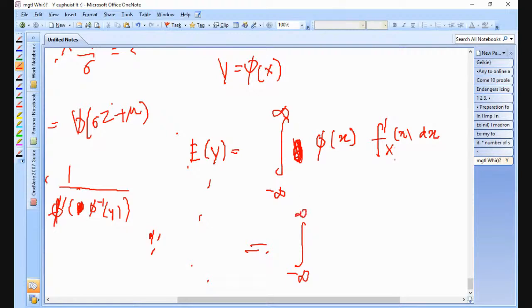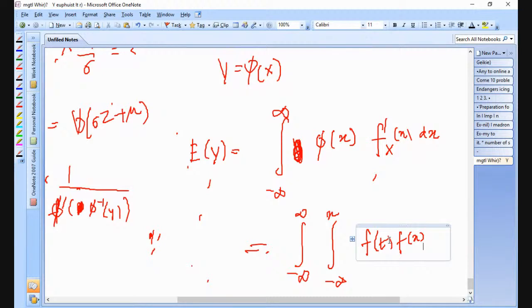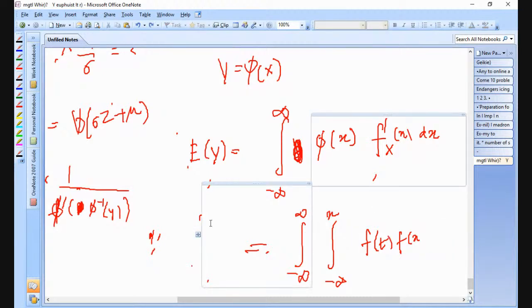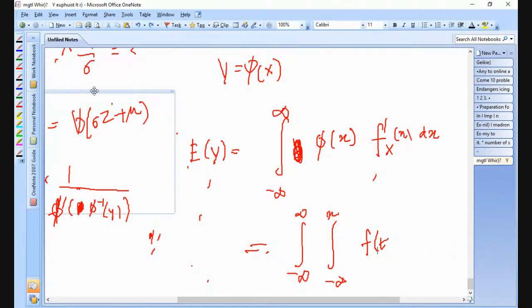So phi of X is the integration from minus infinity to X of f of t dt, into f of X dX.